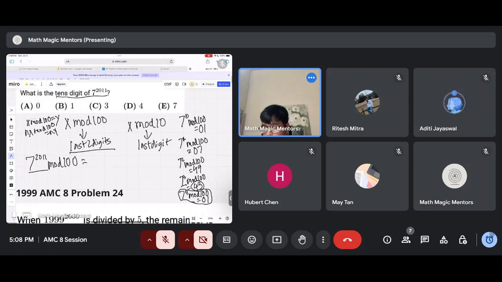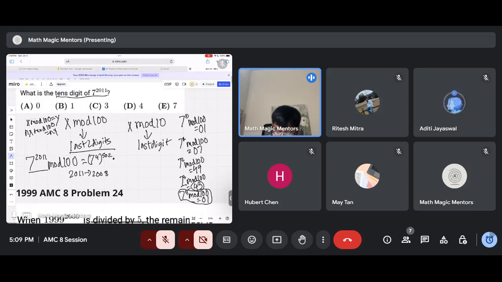Because the nearest multiple of 4, 7 to the 4, is just going to be 01, right? So what I mean by that is, for 2011, the nearest multiple of 4 which is less than 2011 is 2008, right? And that is 7 to the 4 to the power of 502.